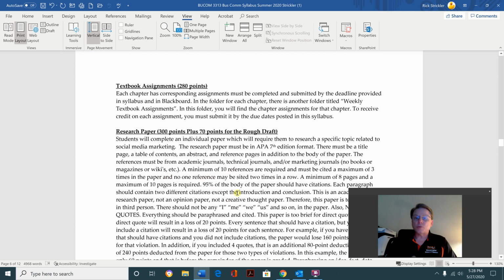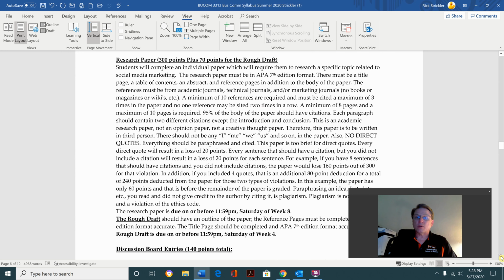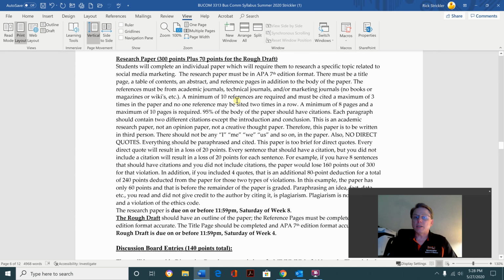And if you're still not sure, there will be a librarian there over the summer. I would strongly encourage you to start this early in the summer session so that you can make an appointment to talk with her. If you just go to the library's website, there's a lot more information there, including her contact information. And she'll be happy to help you with any questions that you have about APA 7th edition.